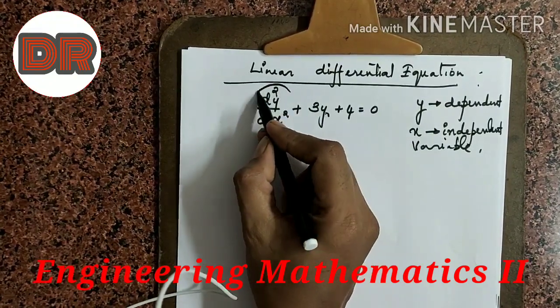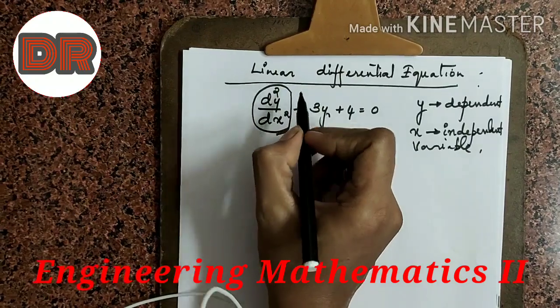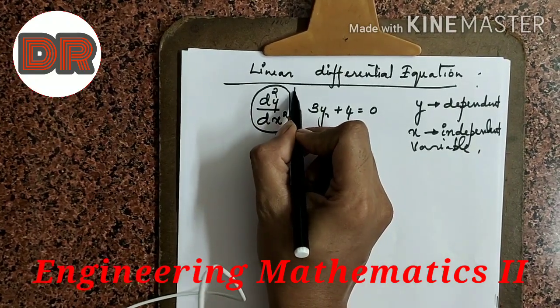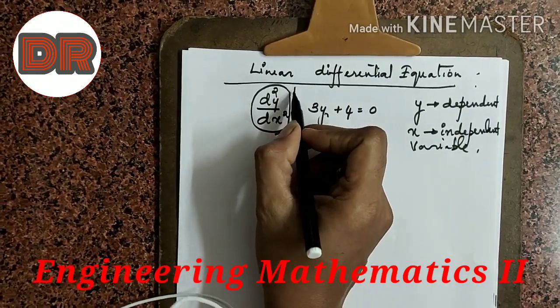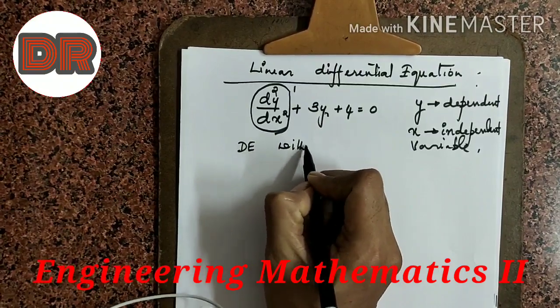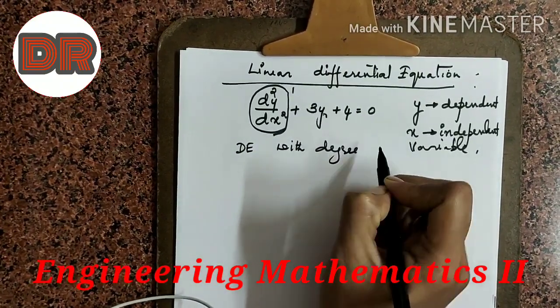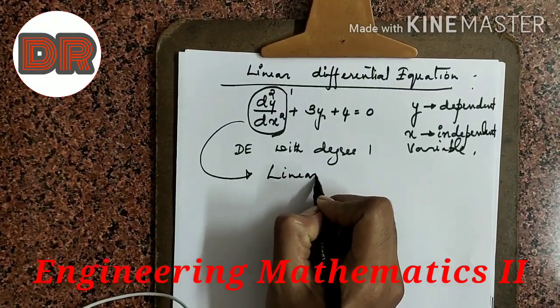Since we have a differential term whose power is 1, I can say this has degree 1. So this is a differential equation with degree 1.